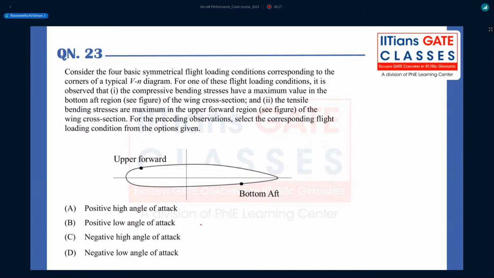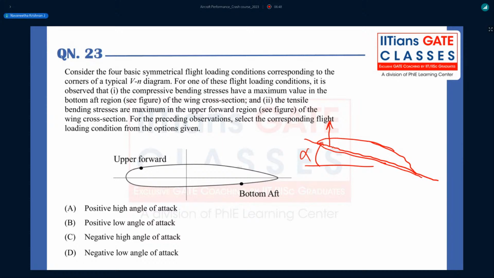If you take one condition, first we'll take positive high angle of attack. Now you are at a high angle alpha. Now what happens? The center of pressure region will be moved forward, so there will be a lift acting about this point.